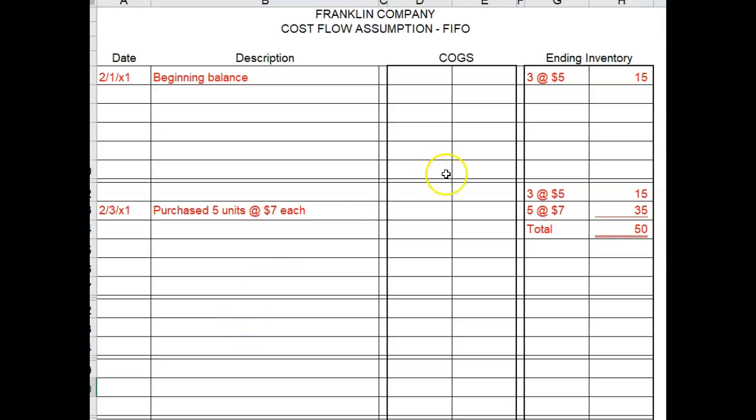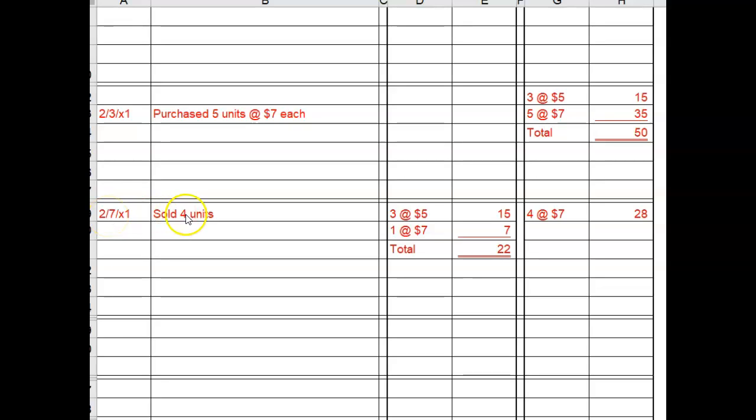Of those 4 units, 3 that we sold had a cost of $5, and 1 of them that we sold had a cost of $7. I'm eating up the oldest layer and taking 1 out of the newest layer. Let me show you how it looks. February 7th, sold 4 units. Now we do have cost of goods sold.